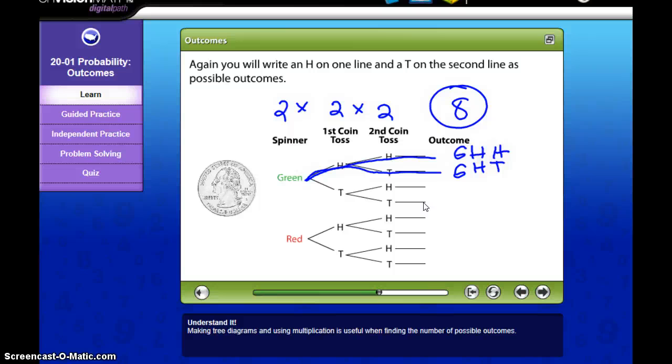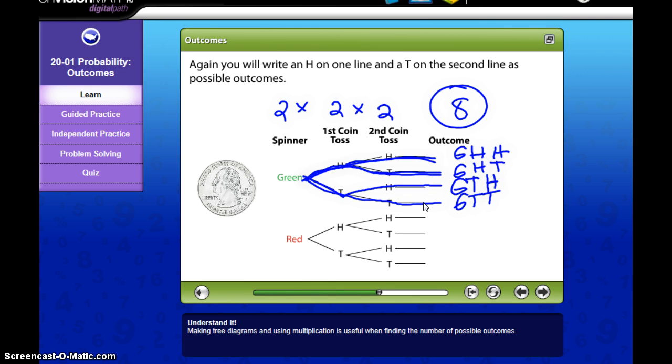We're following it. Green, heads, heads. Now we're going to go to the next choice. Green, heads, tails. G-H-T. Ready? Green, tails, heads. What's going to come next, America? Green, tails, tails. Good.